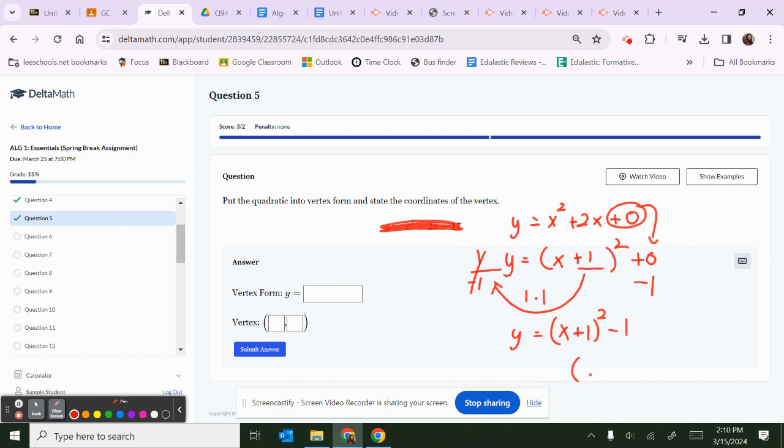So this vertex will be negative 1, negative 1, because you always have to do the opposite of this number and then the same as this one. So that's if your question was y equals x squared plus 2x. If that's all you had for your question, you will use 0 as a placeholder and then you solve it like this. So again, guys, just like that.